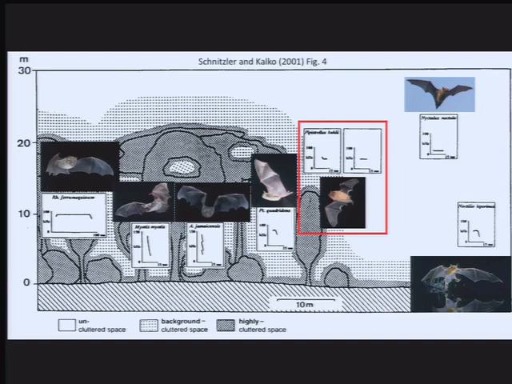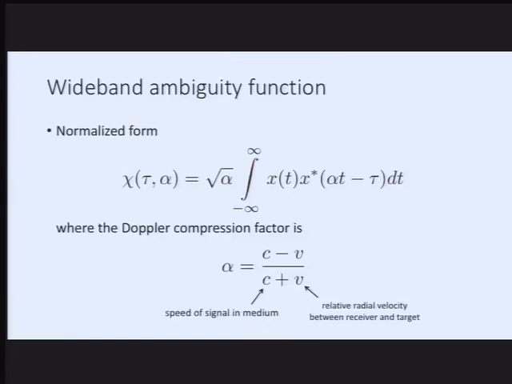So one thing to think about is that we looked at a cross-correlation for trying to find an echo. But cross-correlations don't have a huge amount of information about clutter. So there is a slightly more informative metric that we can use to consider how clutter might affect a bat's perception. And that's something called the ambiguity function.